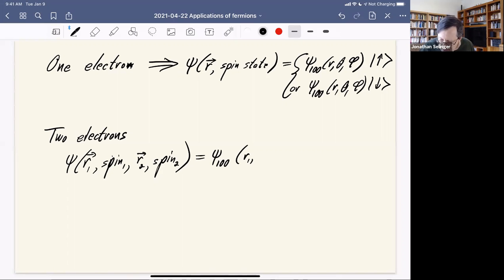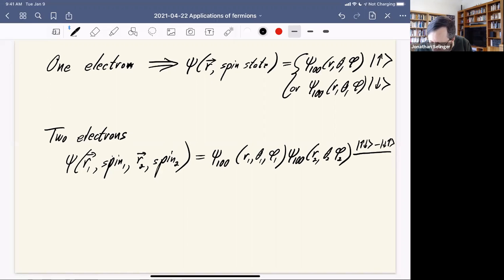So that's state 1, 0, 0 as a function of R1, theta 1, phi 1, and state 1, 0, 0 as a function of R2, theta 2, phi 2, times the combined spin state, which is up, down, minus down, up, over root 2.